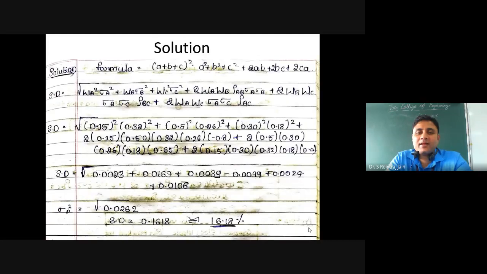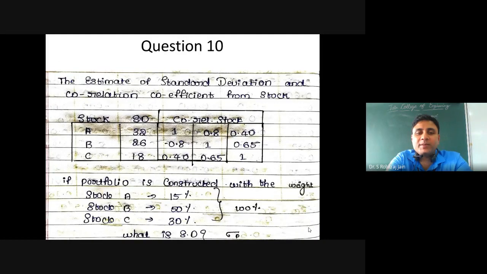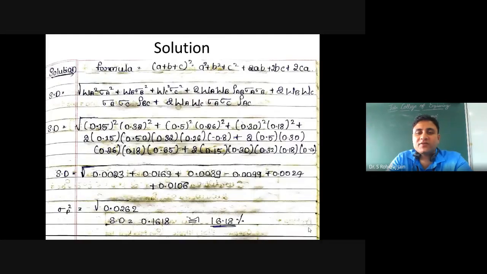Plus 2 into the weight of security B, that is 0.3, 0.3 multiplied by 0.26 multiplied by 0.18, then the correlation of B and C. How much? B and C, 0.65, right? See there.